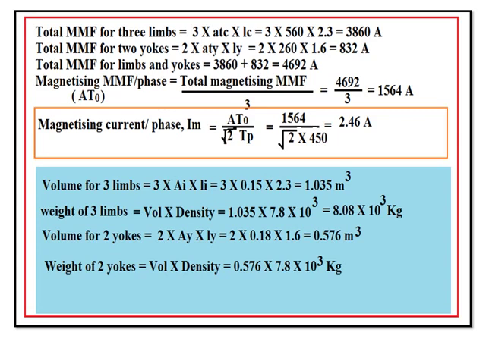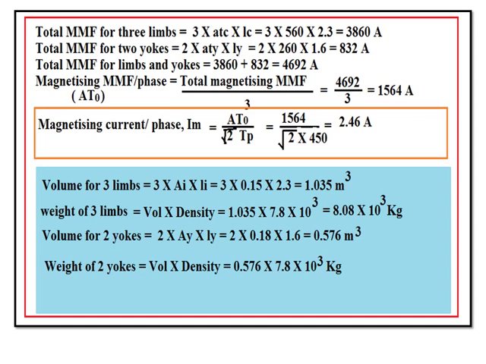Total MMF for 3 limbs is 3 times the core MMF into the length of flux path in core, as per the derivation. So 3 times 560 into 2.3, we are getting 3860 ampere turns. Then total MMF for 2 yokes is 2 into ATY into LY, the length of flux path in yoke.